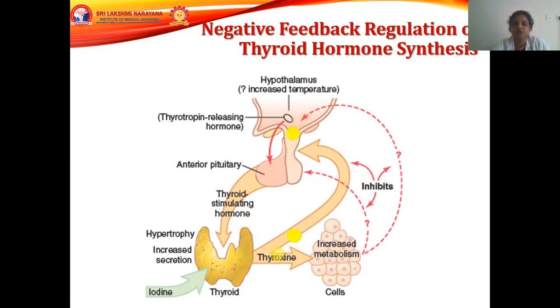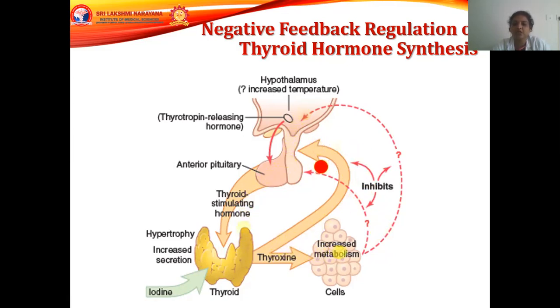So thyroxine, when it is present in excess, will inhibit the anterior pituitary and hence the production of thyroid stimulating hormone decreases. Similarly, it also has some effect on the hypothalamus and causes a decrease in the production of thyrotropin releasing hormone too.